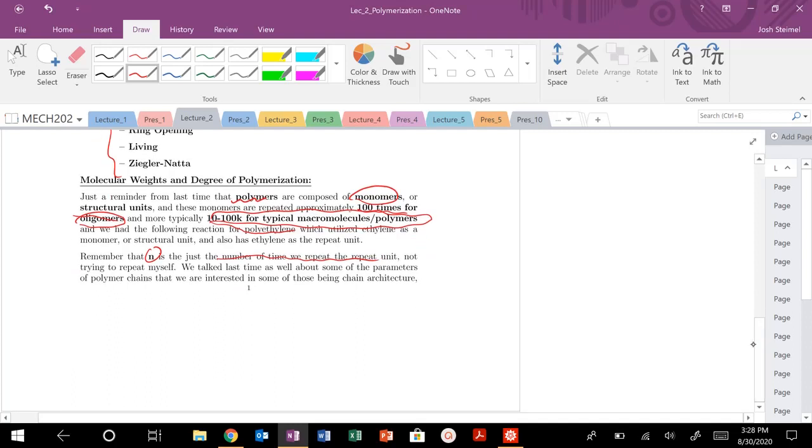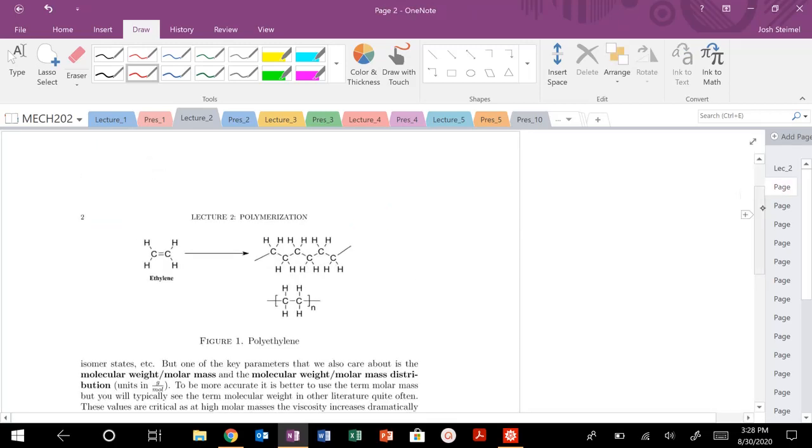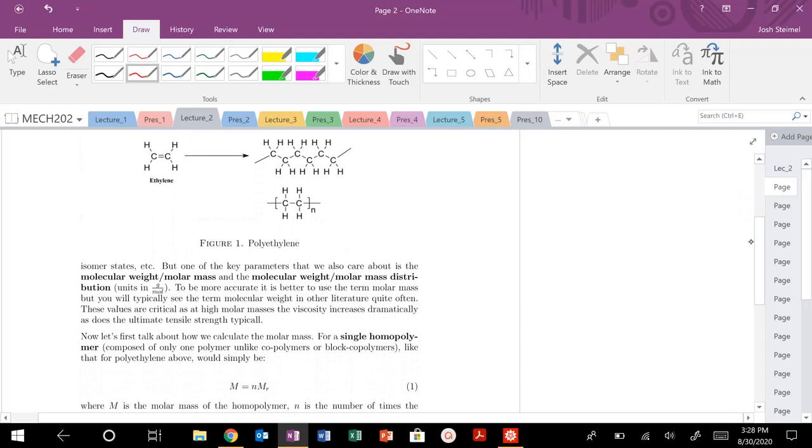Anyways, now we are going to talk about one of the key parameters that we didn't discuss, which was molecular weight, or your molar mass distribution. You'll see this said interchangeably, molecular weight, molar mass. Molar mass is, I think, the more correct term, and the one I like better, but you'll see molecular weight, and we'll use the term molecular weight quite a bit as well.